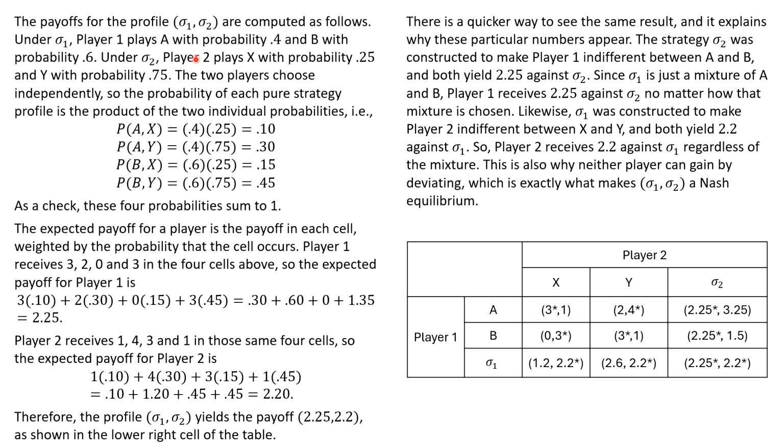It's 0.6 and 0.4, or should I say 0.4 of this and 0.6 times this, and of course you're going to get this number here, and then the same argument going down this row here, you're going to get 2.2. So the upshot is you can just compute the payouts for these two cells and these two cells, and then you can just read off the second component is the same here, and then the first component of these two is the same as the first component here.